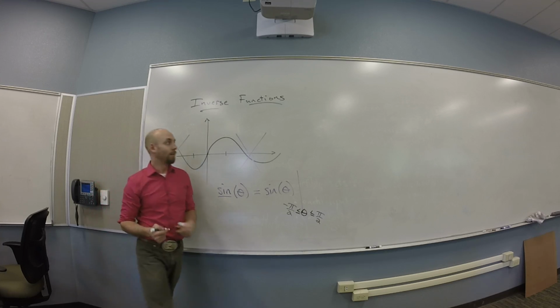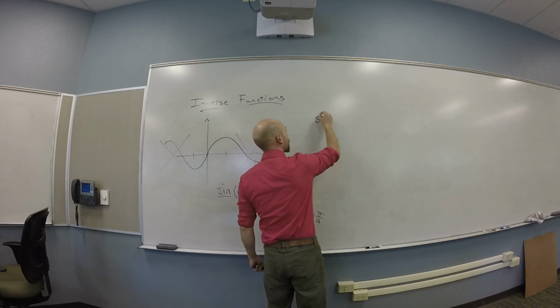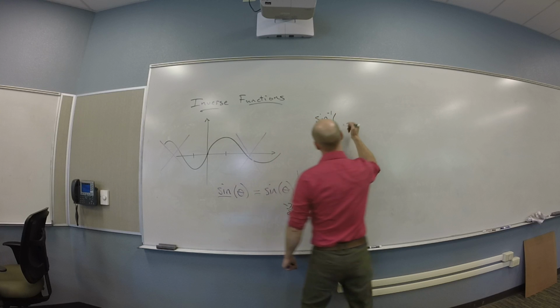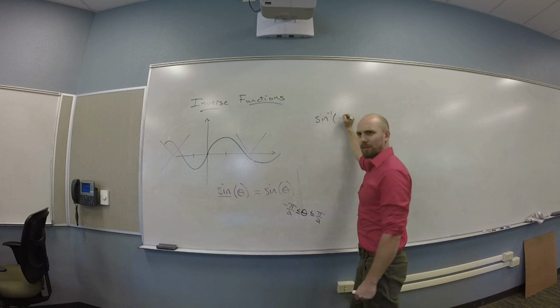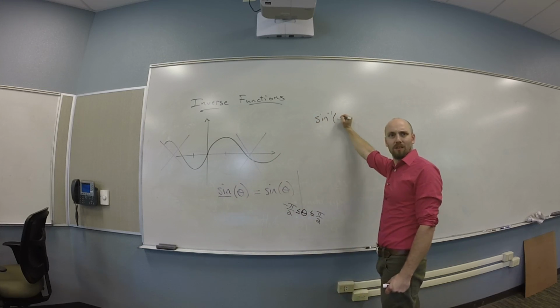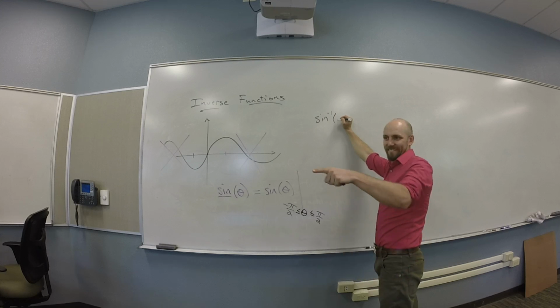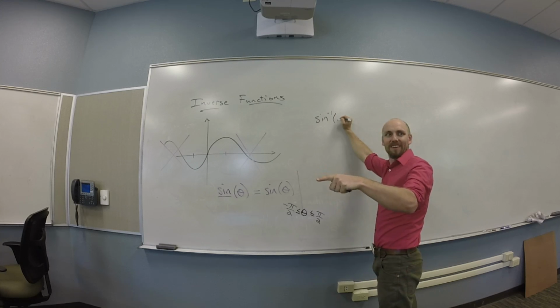Cool? So I'm going to define this little symbol, sine inverse, of, should I put a theta in here? No. Why not? Because you're trying to get an angle out of it instead, so you have to put numbers in. You guys see that?